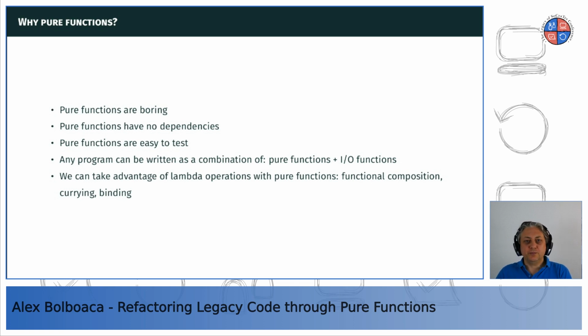if you think of any program, no matter how complex it is, you can write it as a combination of pure functions and functions that do input-output. So if you can separate everything that, for example, in a web application, everything that reads the request, builds the response, everything that writes cookies or writes things in the session or writes to a database or to a file, that's input-output.